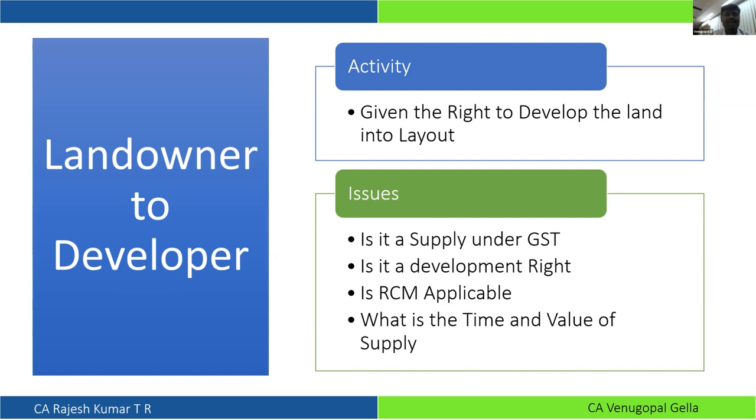And if at all there is a levy, there is an input tax credit, and there will be a credit accruing to him, and it will only be on the incremental. For plotted development, would it be applicable? Again, in my view, in case of a plotted development, that would not be applicable. So the activity where the landowner allows the developer to come and carry out development, there wouldn't be a supply in my view.